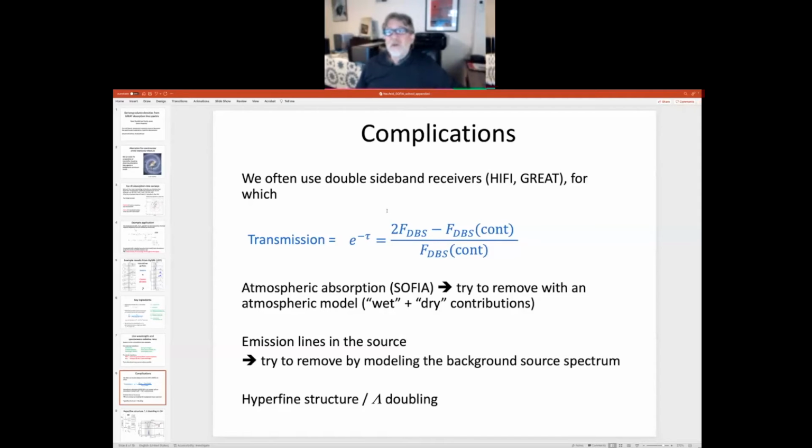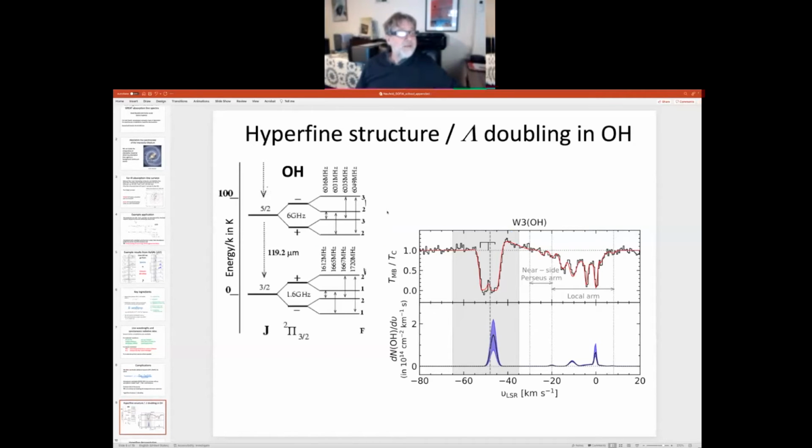And then the final complication is that many molecules we're interested in have hyperfine structure, where there's a splitting due to the interaction between the nuclear spin of one of the atoms. In this case, it would be hydrogen in OH. So that leads to a splitting into multiple states of different total angular momentum.